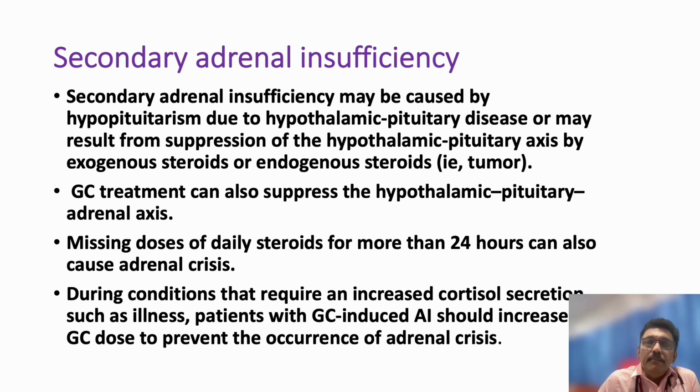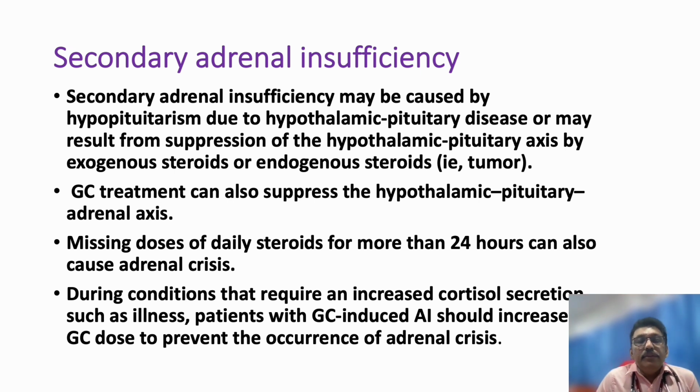Otherwise, if you give morning and evening, it is going to suppress your hypothalamic-pituitary axis, so it will reduce the next day's adrenal release. So we have to be very careful. If you are giving for an inflammatory response, you give only a single dose. But if you are giving replacement therapy for adrenal insufficiency, morning and evening has to be given, because the normal axis is not working there.